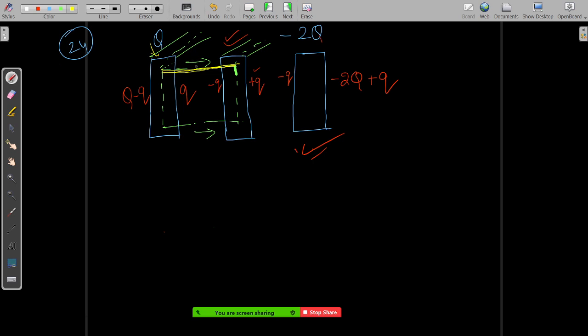So if you see this, the electric field will be somewhere in this direction only, either in this direction or in this direction. But since it is a surface, the surface direction will be perpendicularly upwards, outside. And here also the surface direction will be perpendicularly outside. And the electric field is this side. So it is perpendicular to each other.